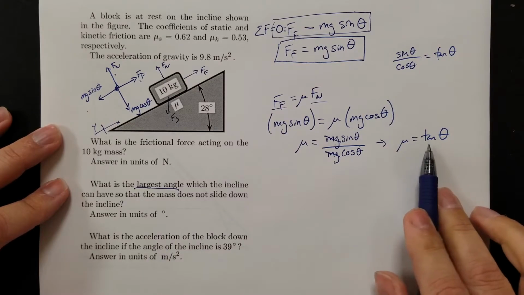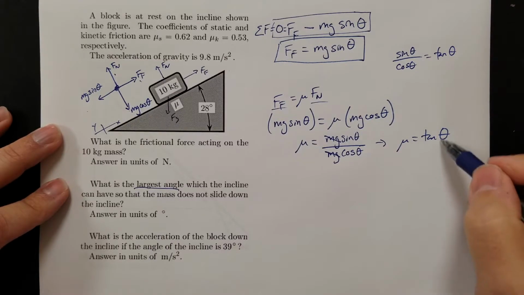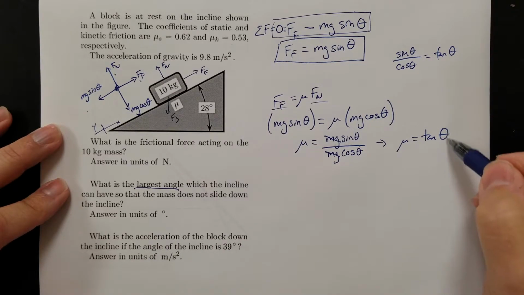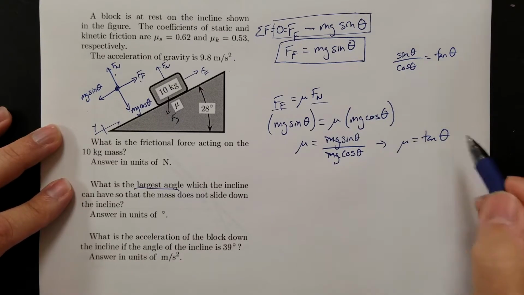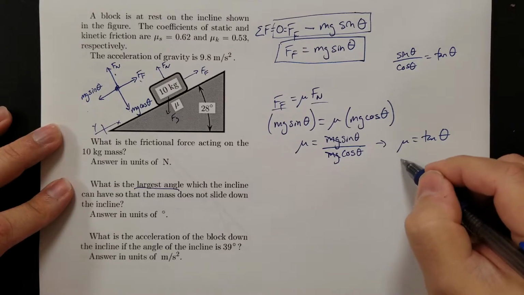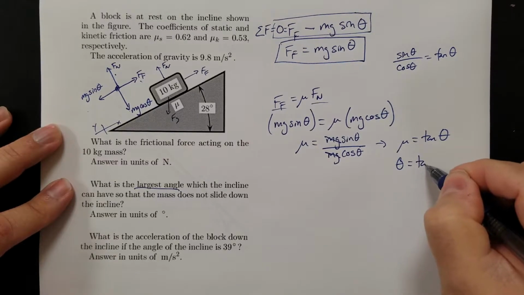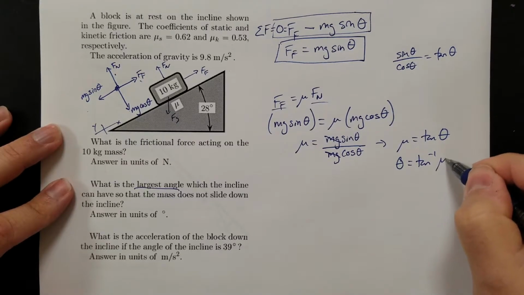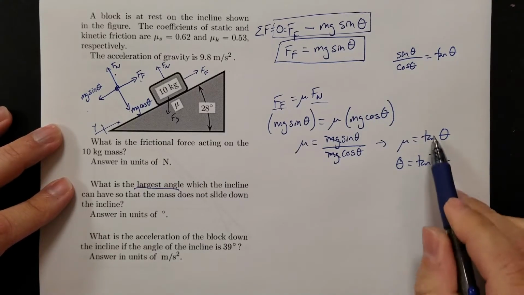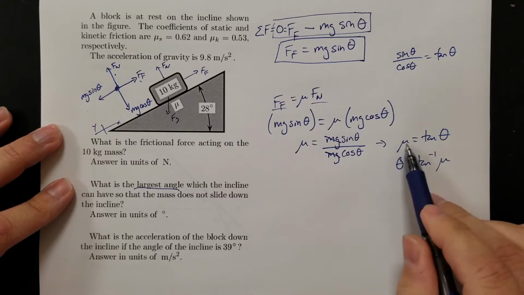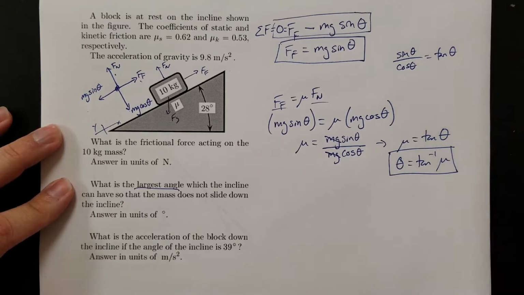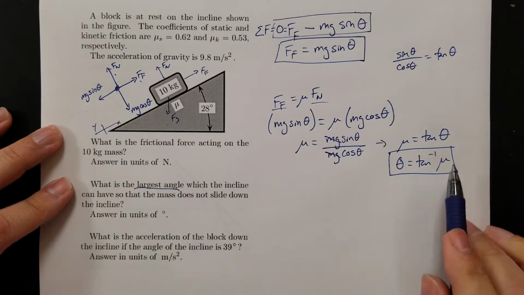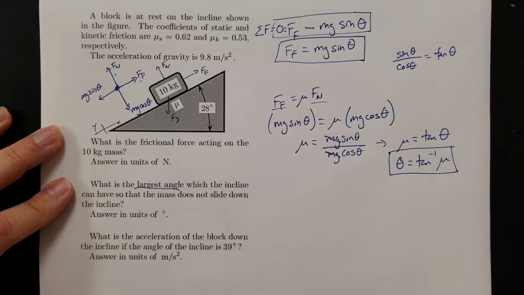So remember, if the thing that I want in sine, cosine, or tangent is here, I can just take the inverse tangent. So I can flip this equation around and say theta equals the inverse tangent of mu. That just switches the things in those two positions. So I can solve for that, just as long as I'm careful to put in my coefficient of static friction.